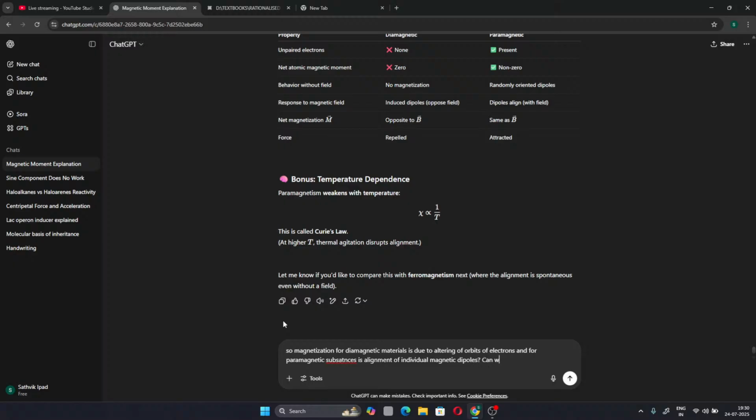Can we say magnetization for diamagnetic substances is more complex than paramagnetic substances?